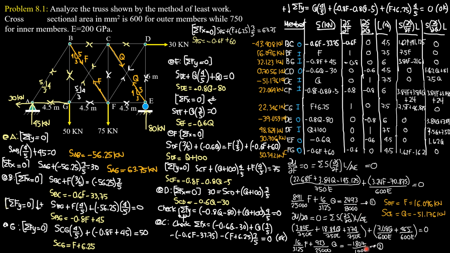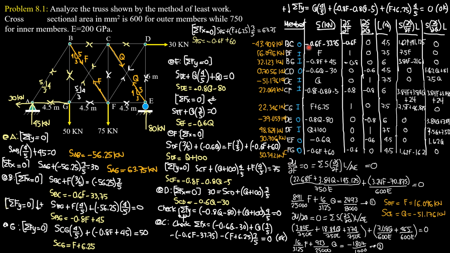Solving these two equations simultaneously, we get SBF, which is F, 16.096 kilonewtons, and SCE, which is Q, equals negative 51.176 kilonewtons. Then, having found this, we can now finalize the member forces of these remaining 11 members.